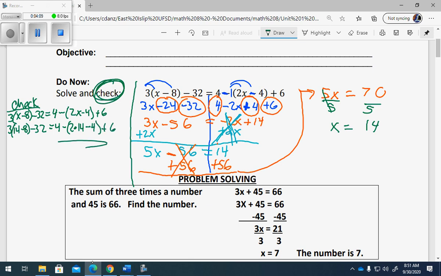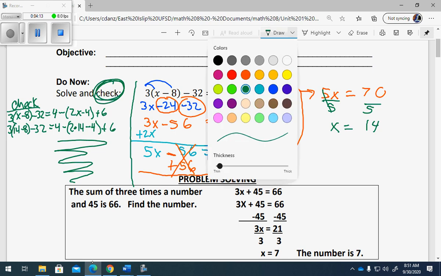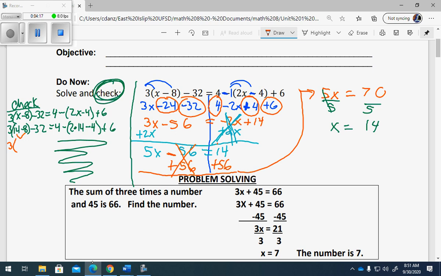I only look at one side at a time, so I'm not even looking over here. I'm going to do the stuff on the left side. I have to do the parentheses first. 14 minus 8. And then 3 times 6. And then 18 minus 32.